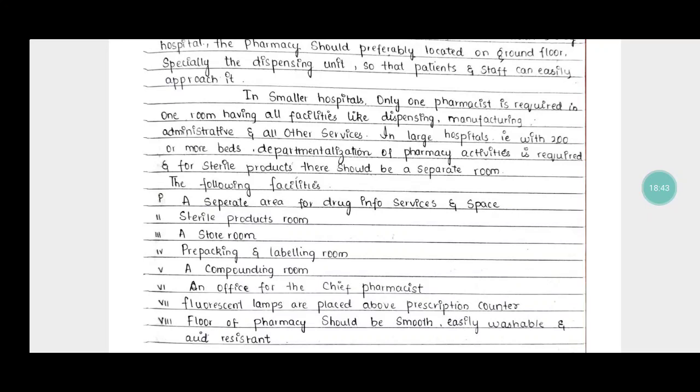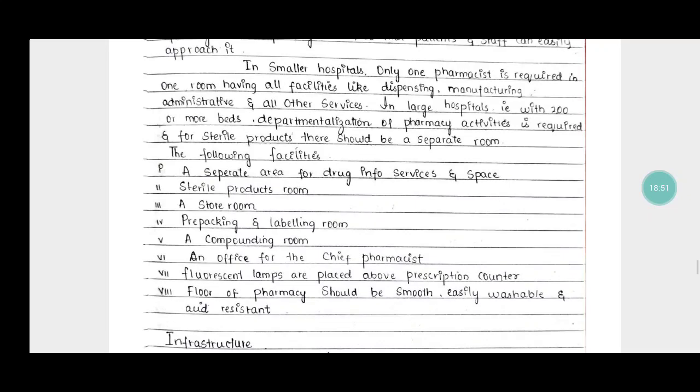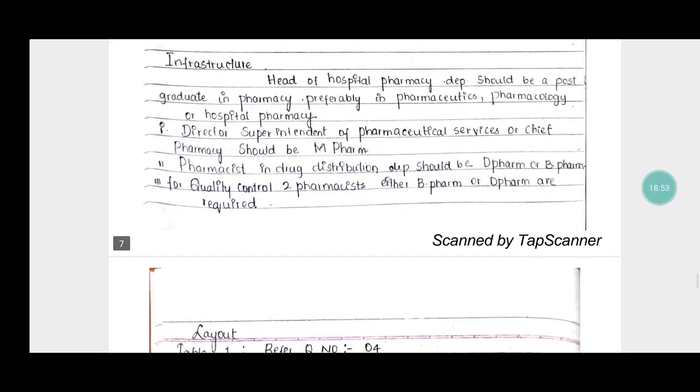Fluorescent lamps are placed above the prescription counter, and the floor of the pharmacy should be smooth, easily washable, and acid resistant. As for the infrastructure, the head of the hospital pharmacy department should be a postgraduate in pharmacy, preferably in pharmaceutics, pharmacology, or hospital pharmacy.